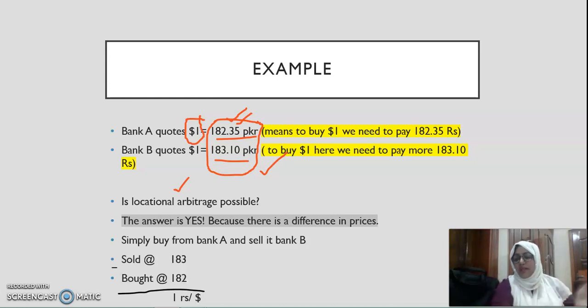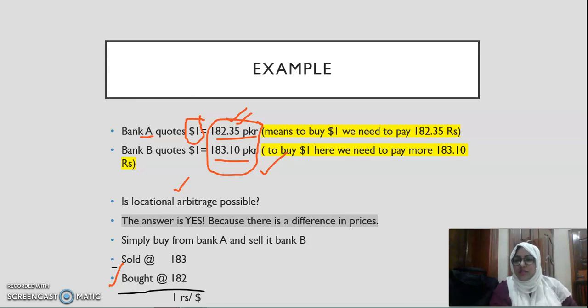How can we capitalize from this quote? We can buy low and sell high. Which bank is offering the low rate? The low rate is being offered by Bank A, of course, 182.35 PKR. So we will buy from Bank A and sell it to Bank B, which will give us 183.10.